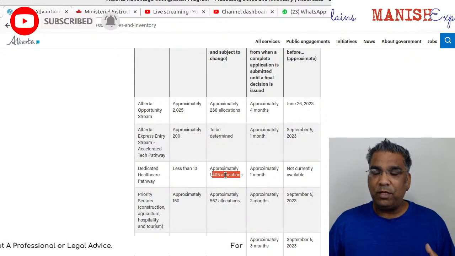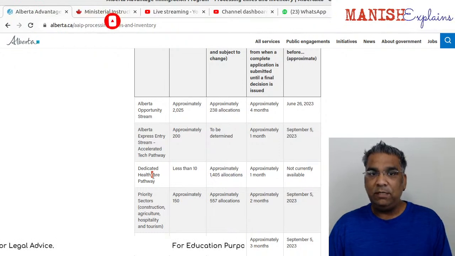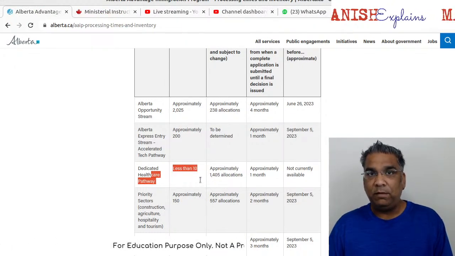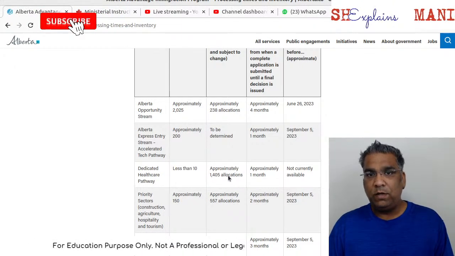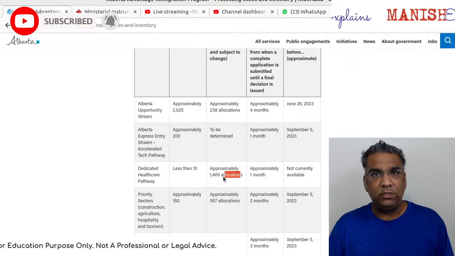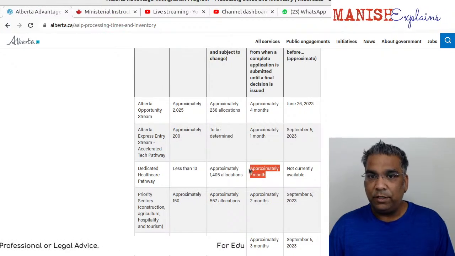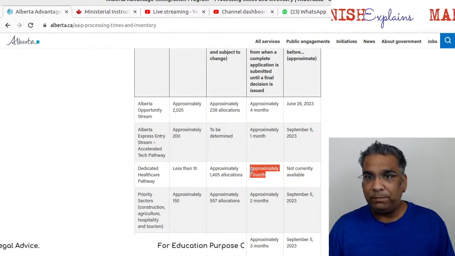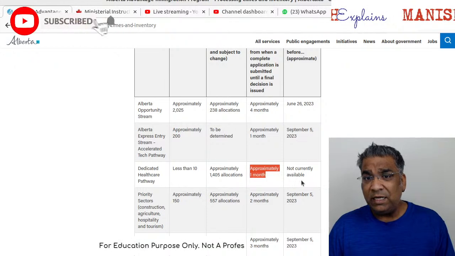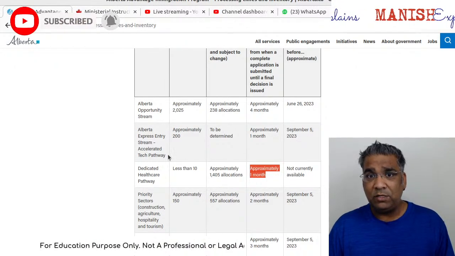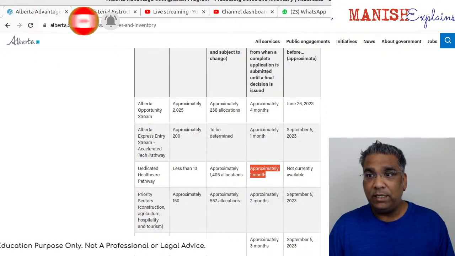So it's quite possible that if they don't see much demand in this pathway, they can move this number across different streams. This is also a very quick pathway, almost on par with the accelerated tech pathway.